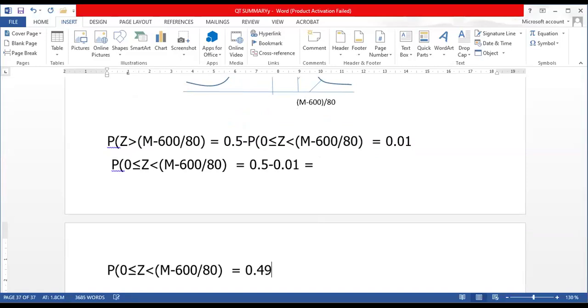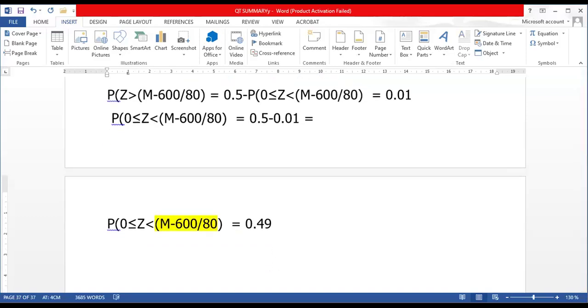So the probability of this value we have here is 0.49. This is like our z, guys. Our z is like m minus 600 over 80.